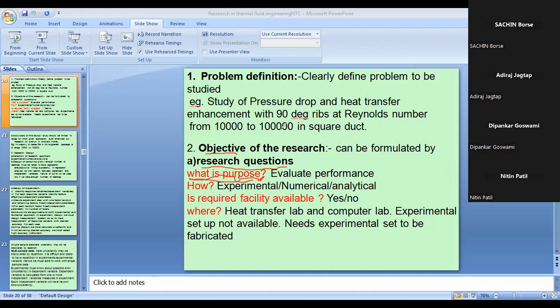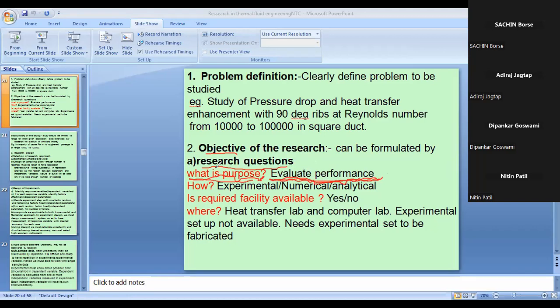There will be flow of air and the duct will be heated, and I want to study the heat transfer in that duct. So my purpose is to evaluate the heat transfer and fluid mechanics performance. We have to ask ourselves these questions and then answer them.